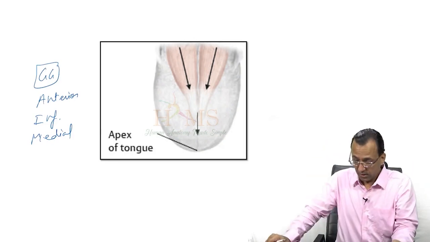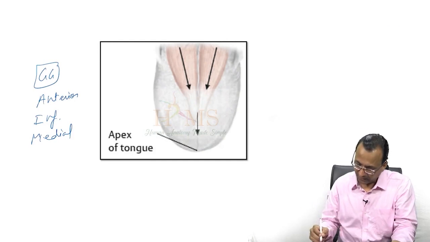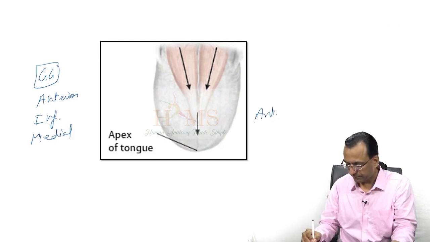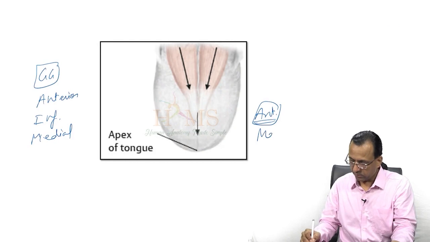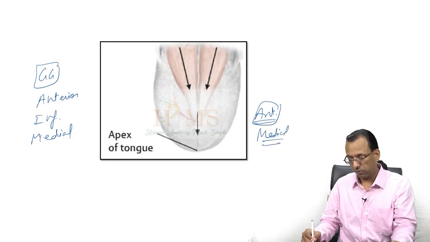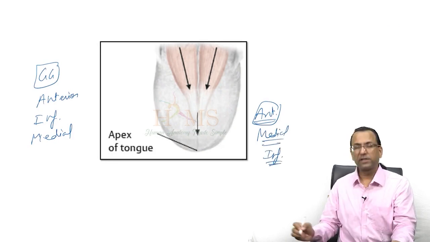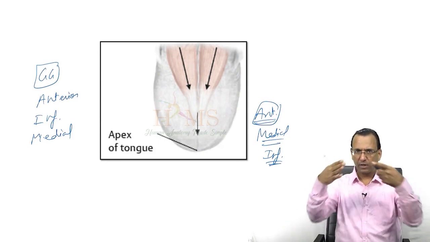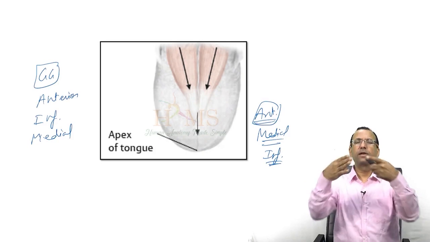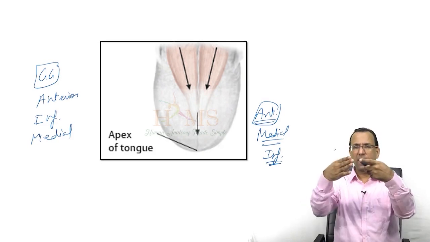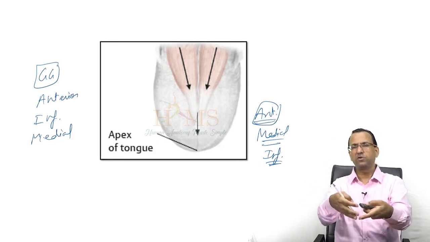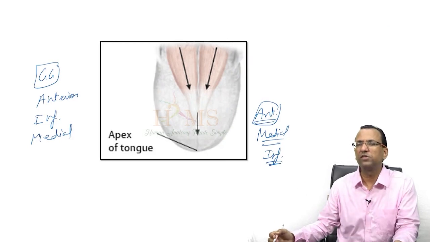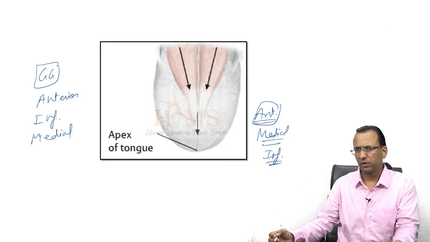Similarly, the genioglossus muscle takes the tongue anterior, medial and inferior. You are telling that it will protrude the tongue in the midline? Yes, if both are working. If both of them are working, then they protrude the tongue in the midline and depress the tongue also. Genioglossus. And what if one of them is not working? Which one?